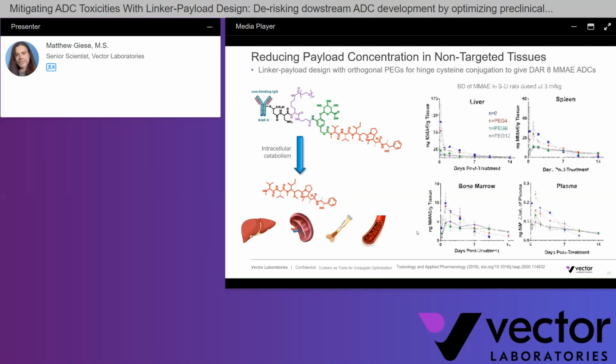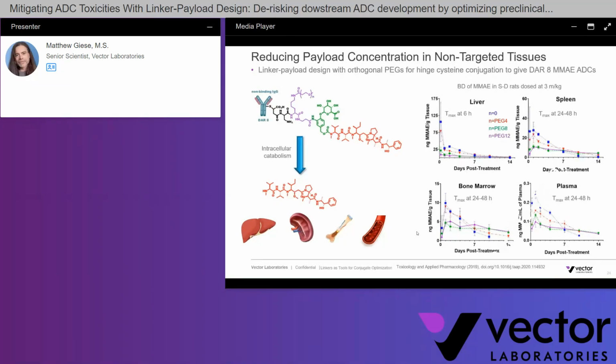It was found that ADCs with the longer PEGs resulted in payload concentrations that had a nearly 2-fold reduction in Cmax in these non-targeted tissues relative to the ADCs with the shorter PEGs or no PEG. All the ADCs also exhibited differences in Tmax, and it occurred at about 6 hours in the liver and 24 to 48 hours in the spleen, bone marrow, and plasma.